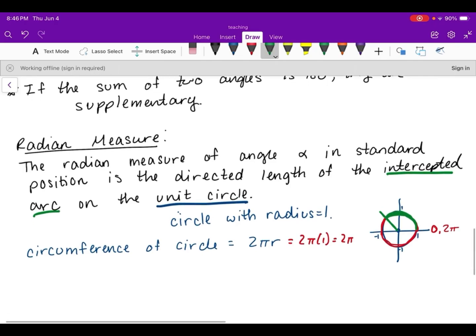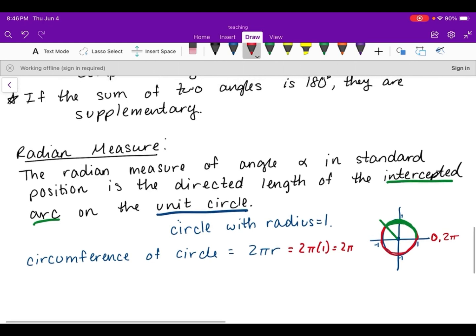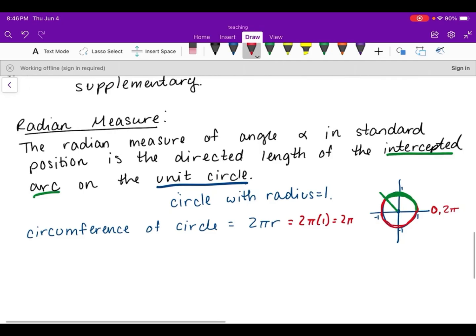Now I know that if I wrap around the circle in degrees, it goes to 360 degrees. If I wrap around a circle in radians, it goes to 2 pi radians. This tells me that 360 degrees is equal to 2 pi radians. To make this a simpler conversion factor, we can divide both sides by 2 and say 180 degrees is equal to pi radians.